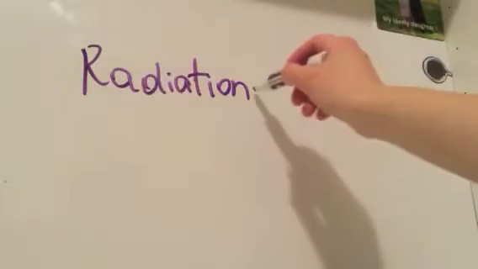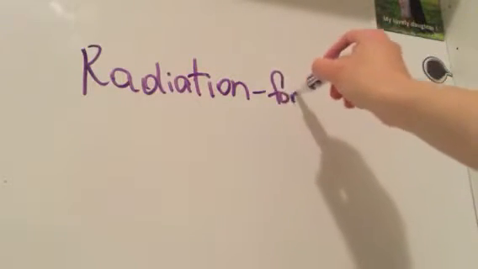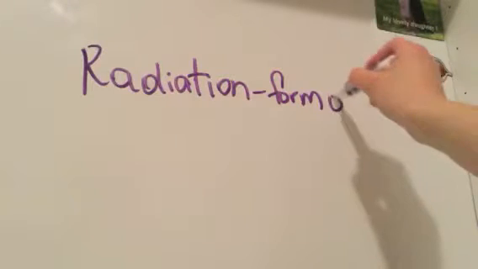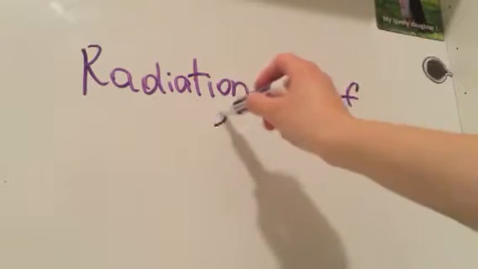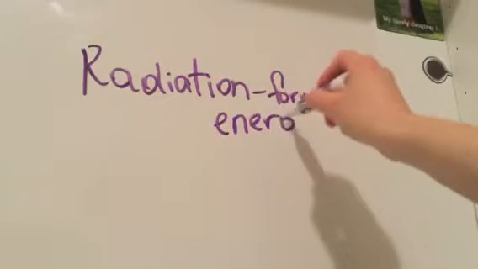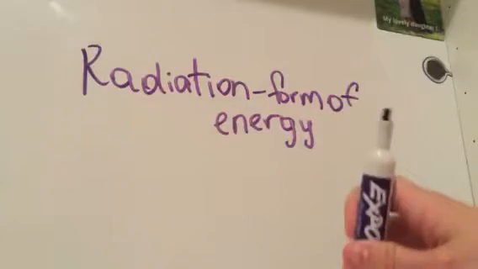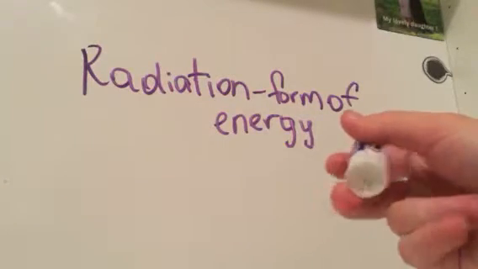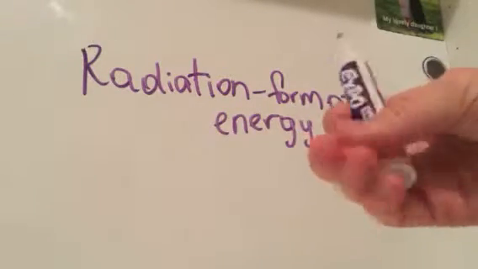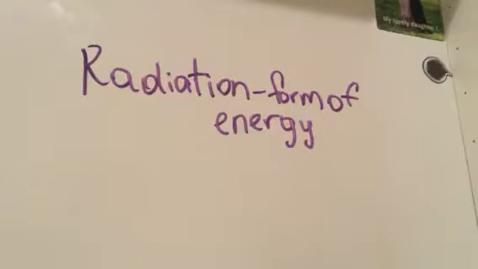Radiation is a form of energy. And we know a few kinds, there are many, for example cosmic rays, X-rays, microwaves. UV light is also radiation.